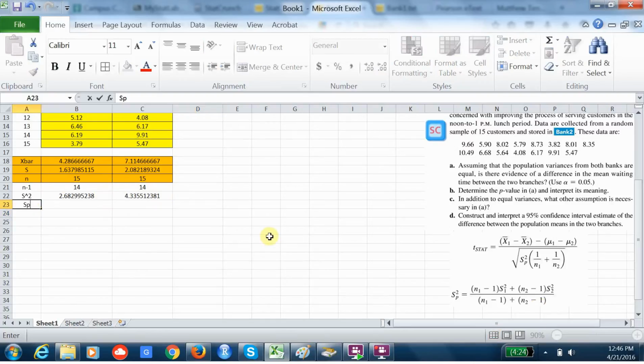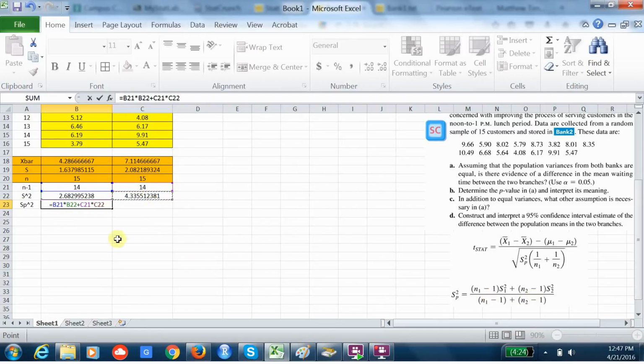So now I'm going to compute what we call the pooled variance. It's the pooled standard deviation squared. So if we use the formula, it's going to be equal to this times this, n1 minus 1 times the sample standard deviation squared for the first sample, plus n2 minus 1, right, times this squared.